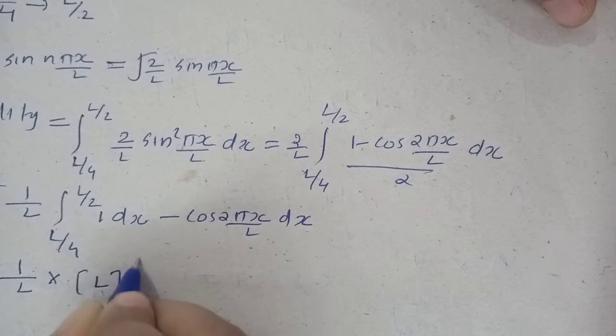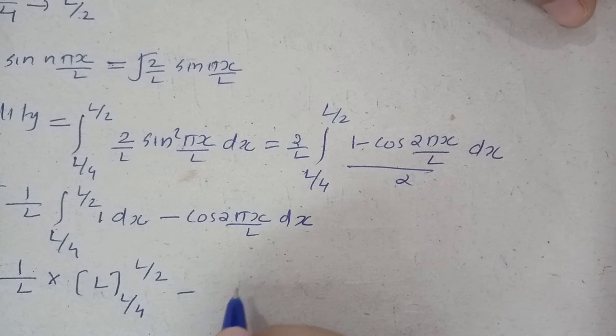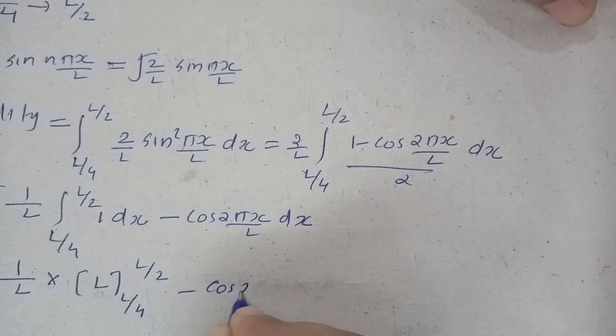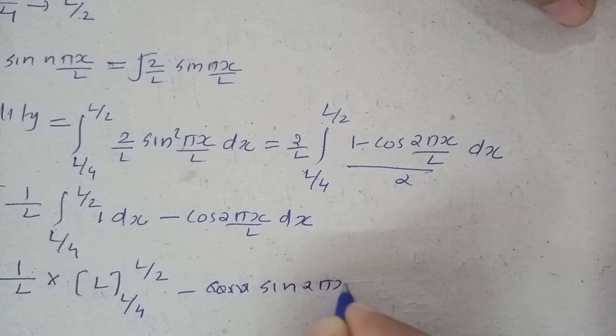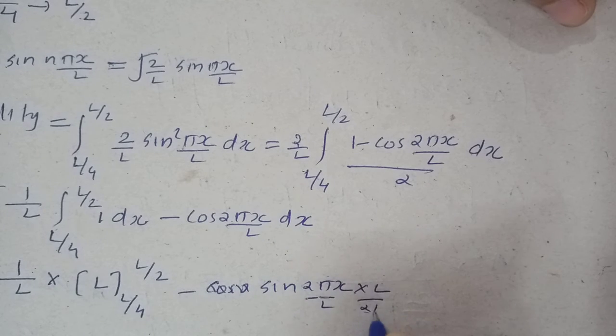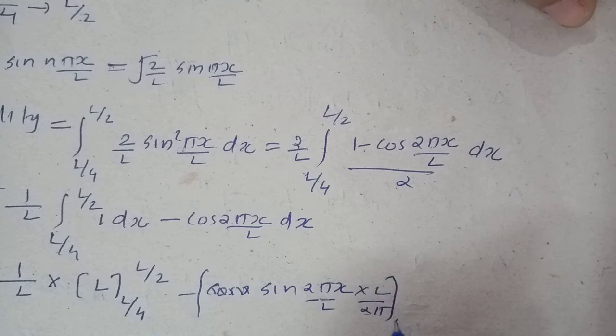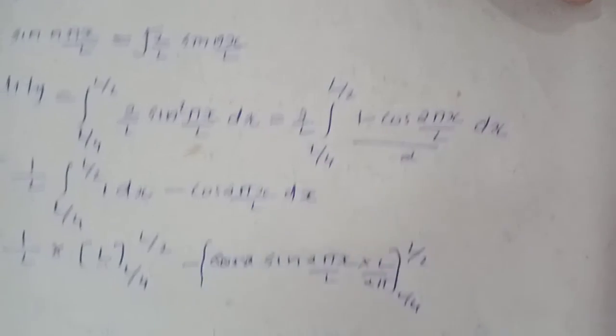So we have to integrate. The integral of 1 dx is x, from L/4 to L/2, minus the integral of cos, that is sin(2 pi x / L) times L by 2 pi, from L/4 to L/2.